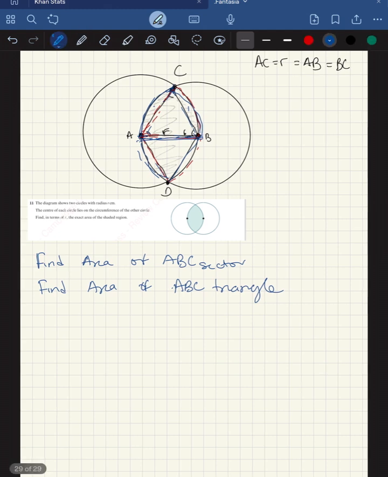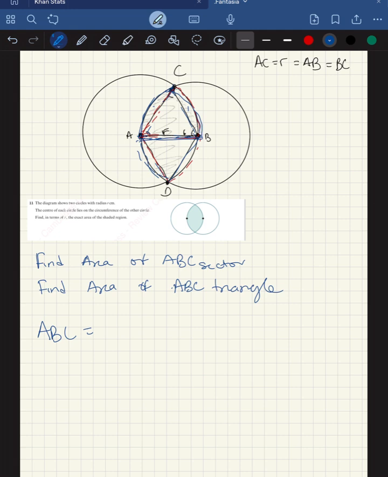So what's the area of sector ABC going to be equal to? What is our area of a sector again? You can go to your textbooks.